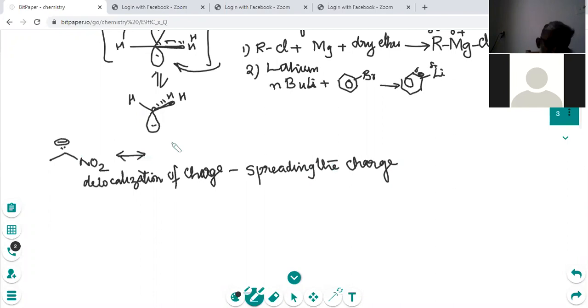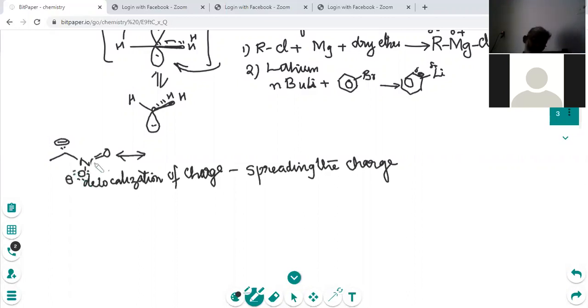I will draw the full structure of NO2 here, which we have already done. You have a double bond, a single bond with 3 lone pairs of electrons and a negative charge.